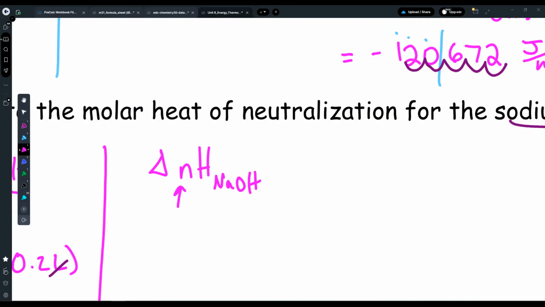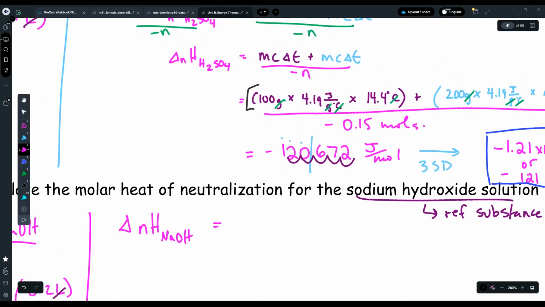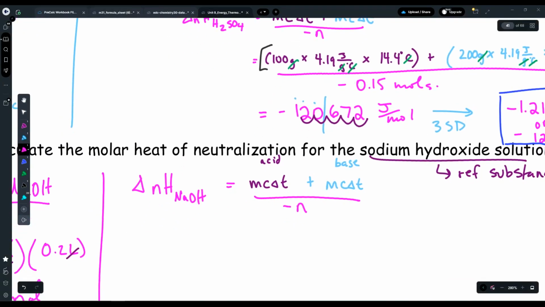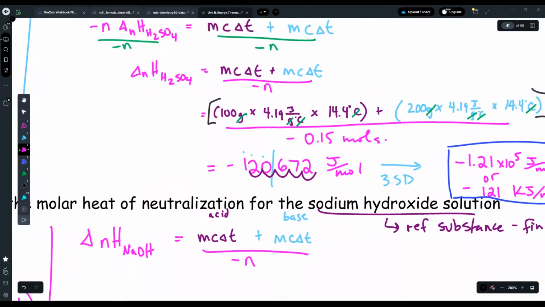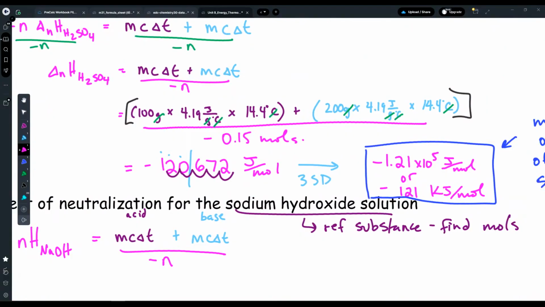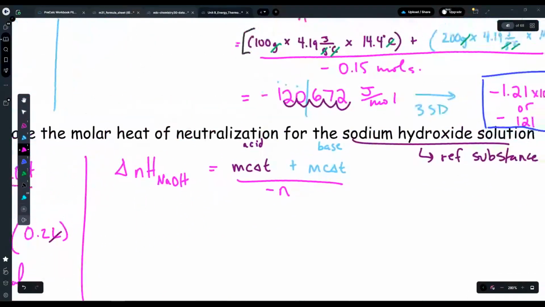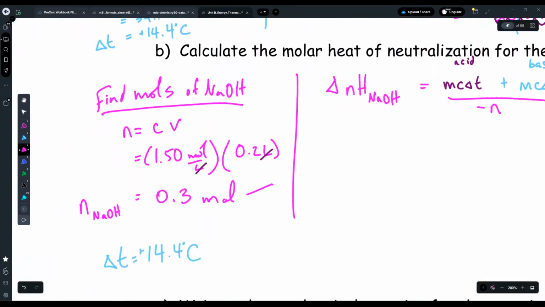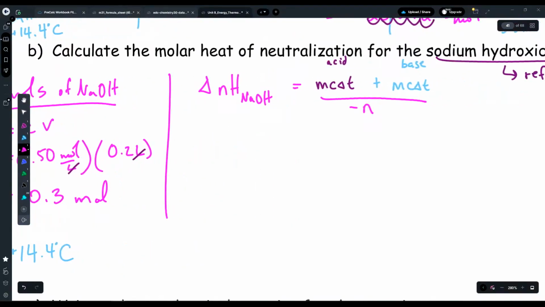So this N just means for neutralization. So this MC delta T is for the acid. And the blue MC delta T is for the base. Okay. Now, the calculation is going to be very similar to what we just did, except for when we divide by our moles, we're going to be dividing by this 0.3.